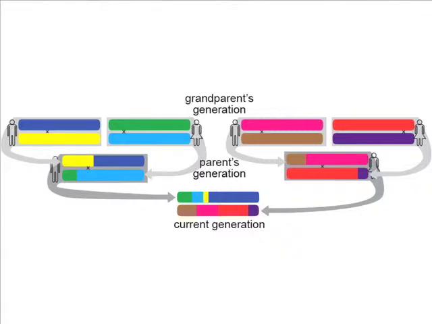So I got that gene from my dad's mom's mom, who also got it from someone, and so on back through the generations. Maybe also I'm interested in a gene that's out here. Well, I got that gene from my dad, and he got it from his dad, who got it from his dad, if the dark blue is the dad on top. So my own genealogy across each chromosome is different depending on where I am in the chromosome.